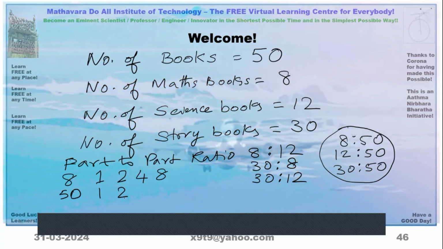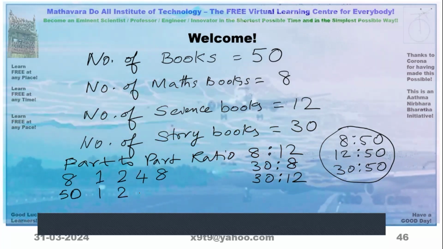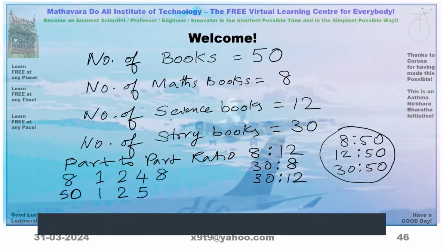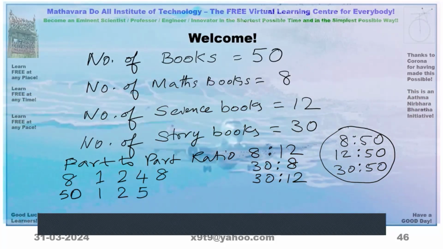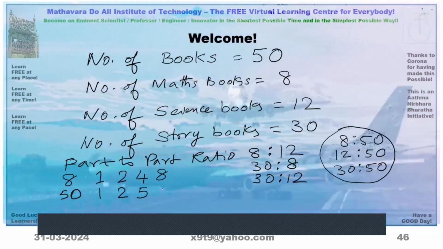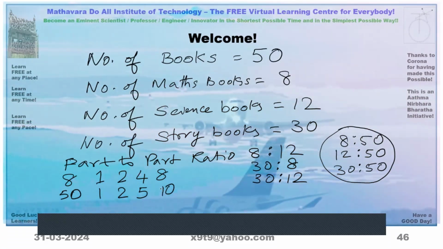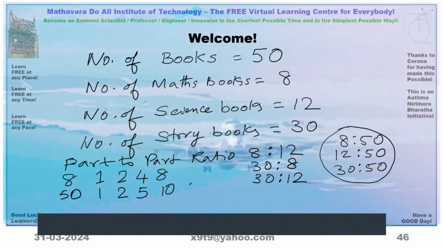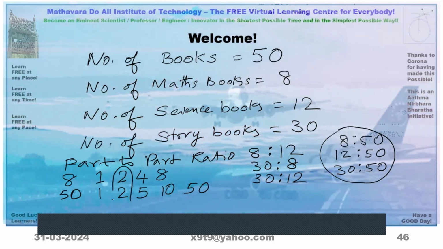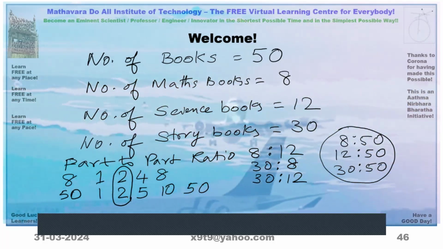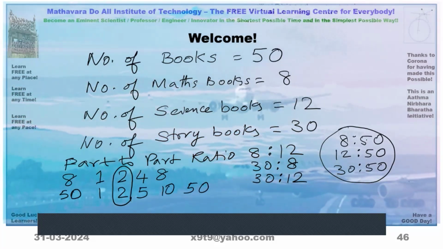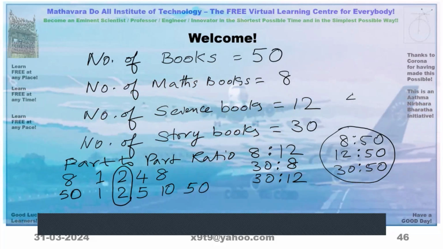Then 3 we cannot use, 4 we cannot use, 5 we can use. 5 10 times it will go. Then 10 we can use. 10 into 5, 50. Then 50 also we can use. So is the answer 2? Greatest common factor is 2 only. So this you divide by 2, this divide by 2, you will get 4 by 25.